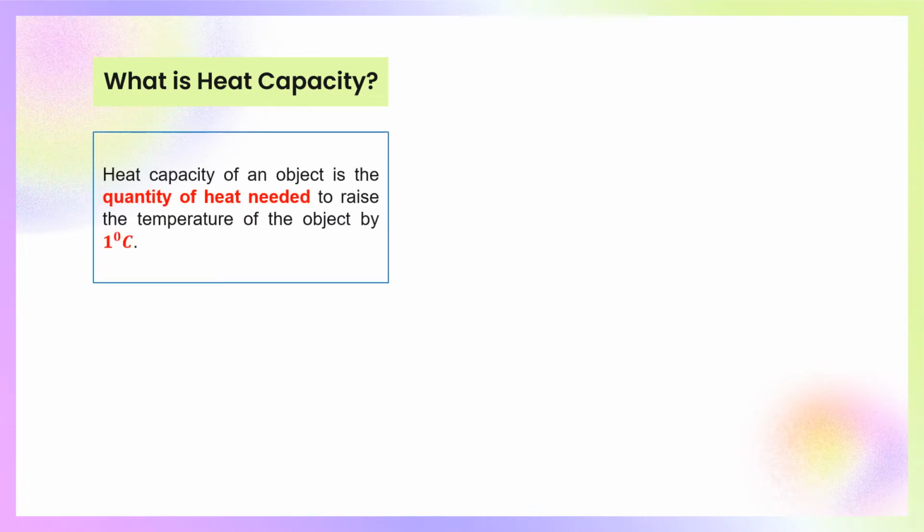Okay, next, what is heat capacity? Heat capacity of an object is the quantity of heat needed to raise the temperature of the object by 1 degree Celsius. So, the key points that I have highlighted here are the quantity of heat needed and the temperature, which is 1 degree Celsius.